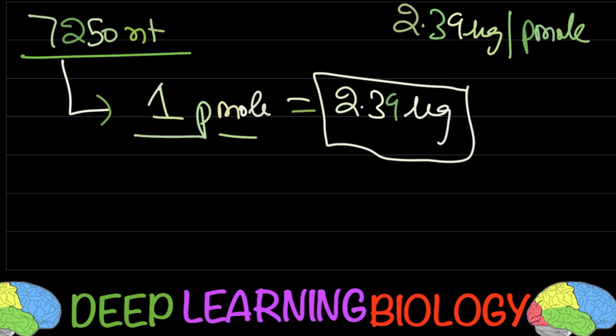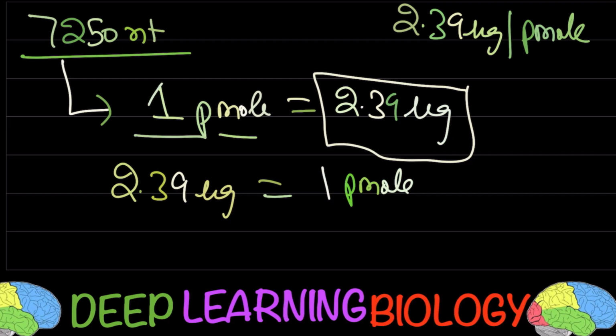Now try to see here. We have calculated the concentration of DNA, 412.5 microgram per ml. So 2.39 microgram is going to have 1 picomole of DNA. Let's suppose you have 412.5 microgram per ml DNA.